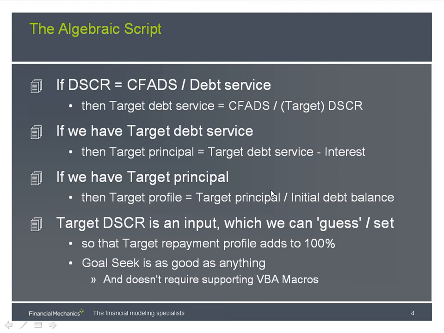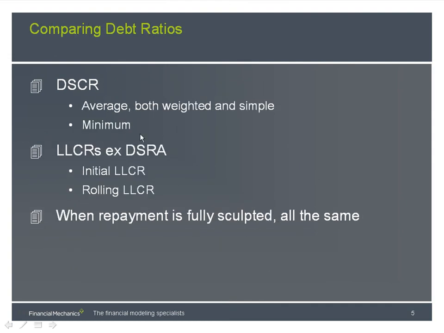And from that position, we looked at each of the ratios on the ratio page there. The average DSCR, both the weighted and the simple, the minimum, the LLCRs excluding the DSRA, the initial LLCR, as well as the rolling LLCR over time. And essentially when we sculpted and got that repayment profile fully sculpted, they were all the same.